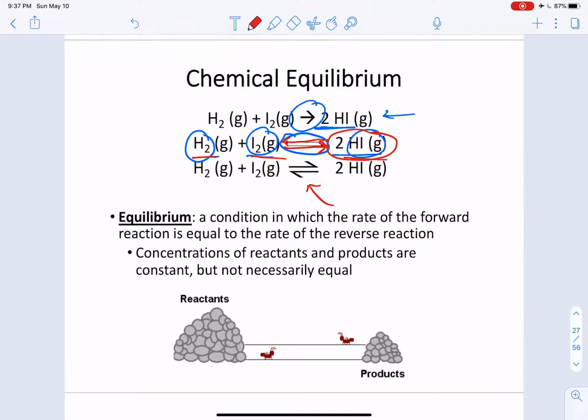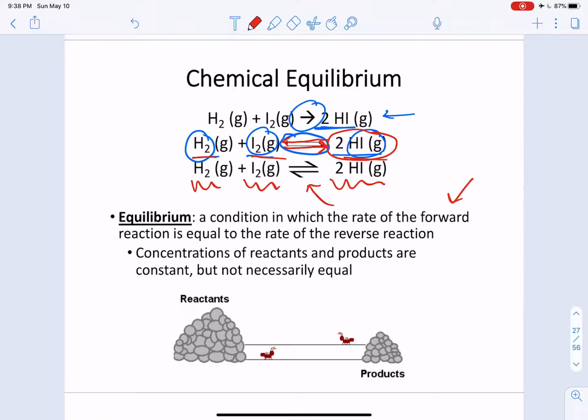So again, to define equilibrium, we have a condition where the rate of the forward reaction is equal to the rate of the reverse reaction, which means that the concentrations of the reactants are staying stable, they're staying the same, and the concentration of the product or products is also staying the same. It doesn't mean that they're equal. It just means that they're constant.